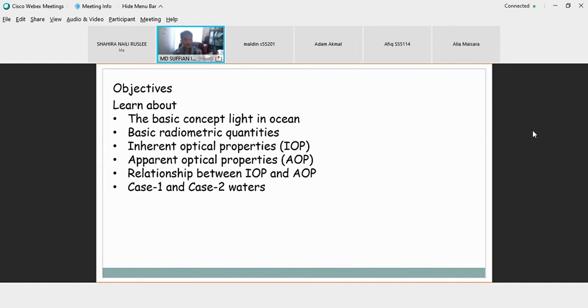About inherent optical properties, the properties that depend on the medium or the particles, especially in the water column. And then we have apparent optical properties.